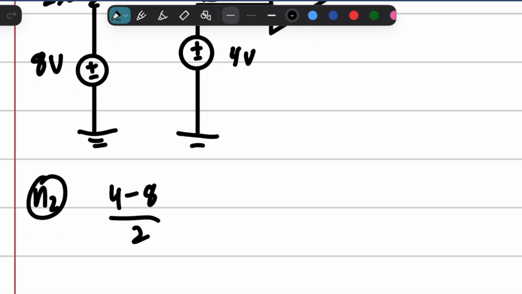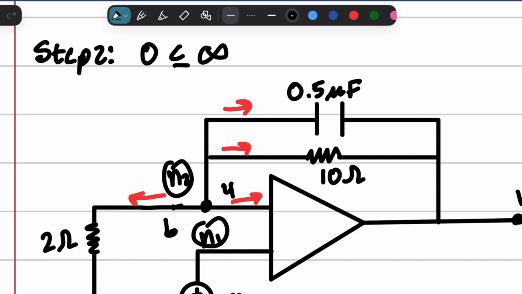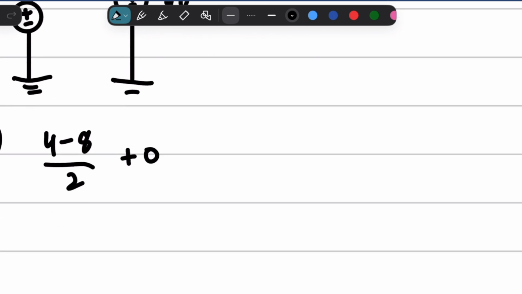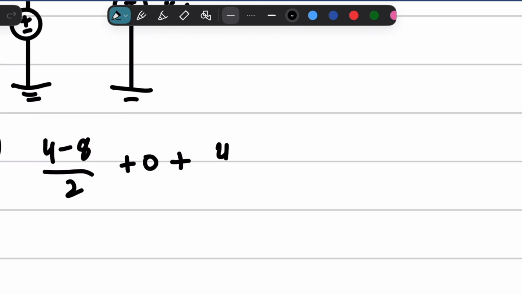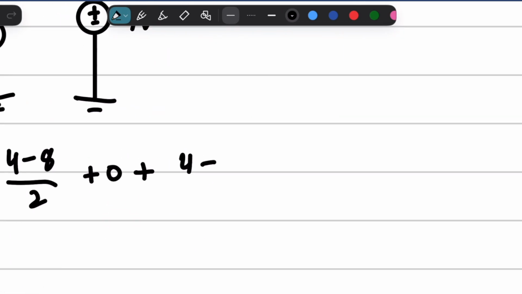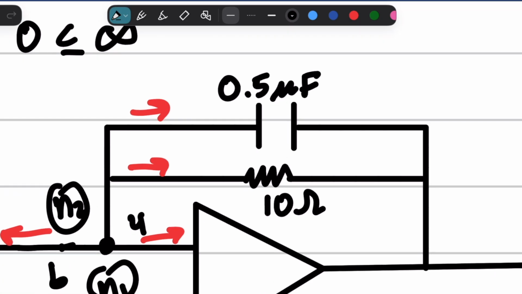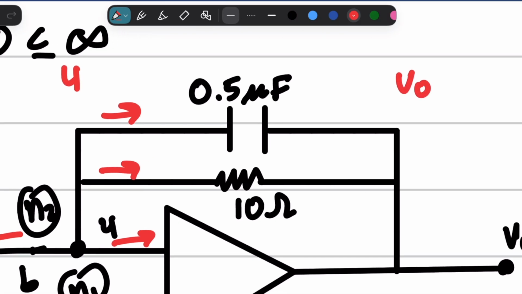So I got (4 minus 8) over 2, plus 0 to account for this op-amp right here, plus (4 minus V out), plus, now this is the tricky part. Notice we are going from this voltage, which we know to be 4, to this voltage, which we don't know.